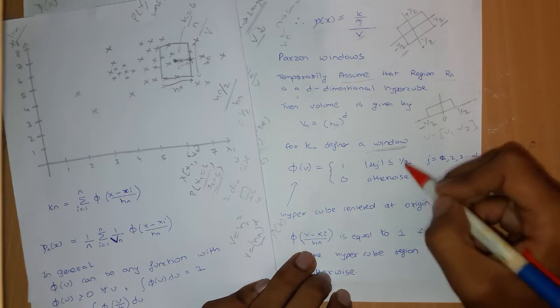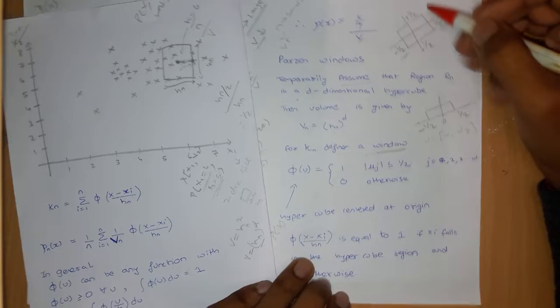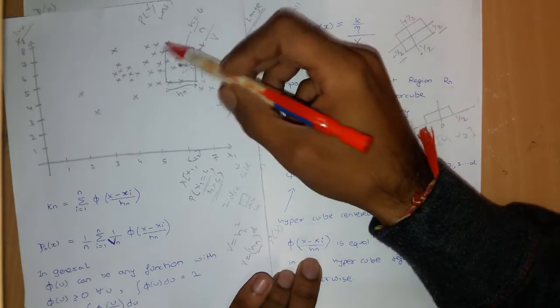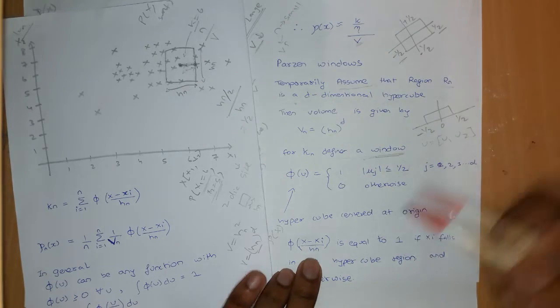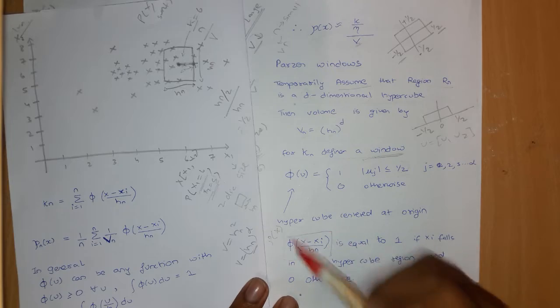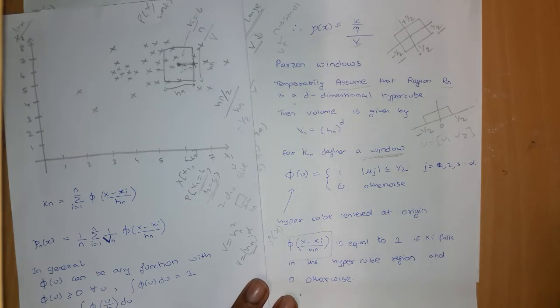So here you can see this criterion is fulfilled. This is nothing but scaling it by hn, so that this half can now be localized to an hn. Like this, I can get this window.